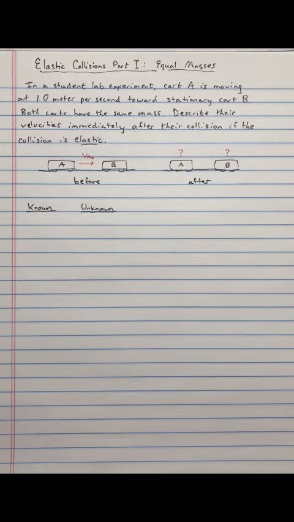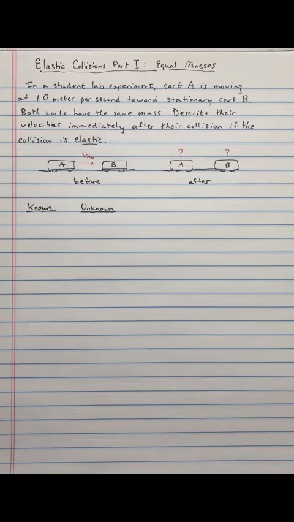The algebra can get very complicated, very hairy, very quickly, if you don't have some known relationship between the masses of the two objects involved. And like we always like to do, let's tackle the simplest possible cases first. Once we know how to do the simpler cases, then we can worry about more complicated ones. So the simplest possible way to do this is to assume that the masses of the carts are identical.